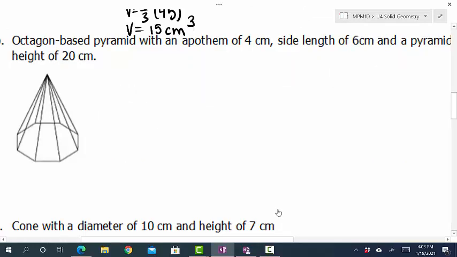Okay, we have an octagon-based pyramid with an apothem of 4 centimeters. The apothem is the distance from the center to a side. It's kind of like the radius. And each side length is 6 centimeters.